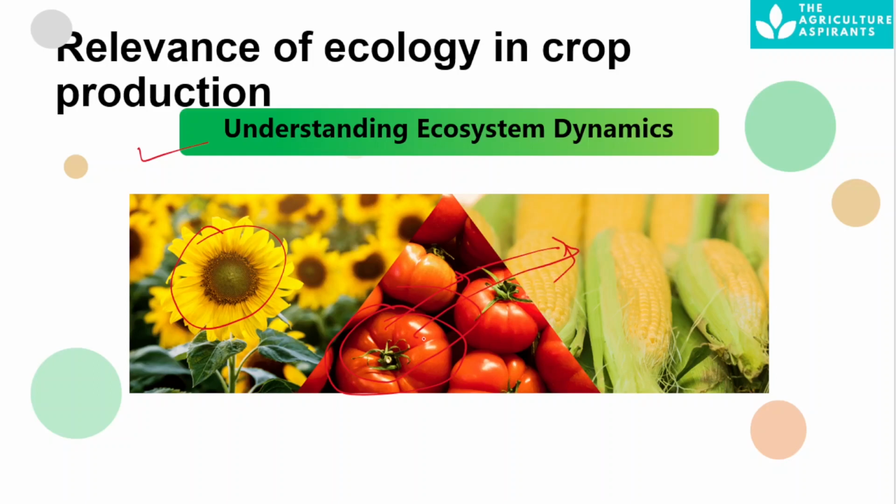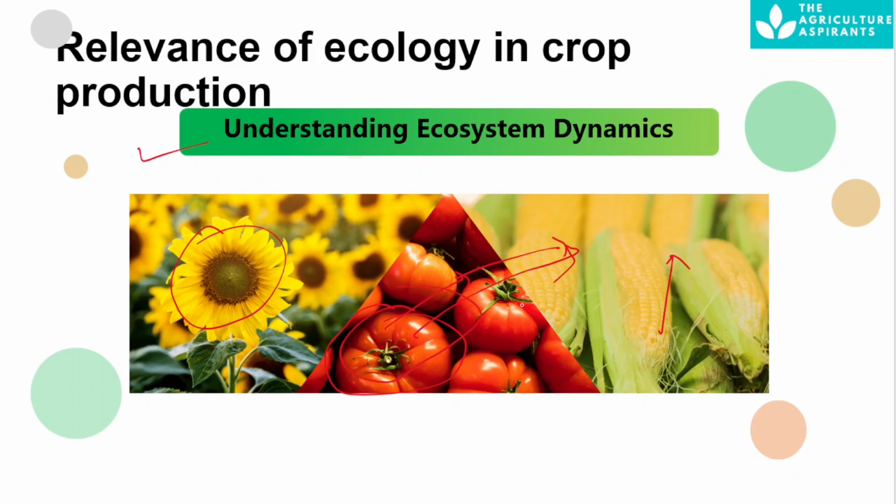Ecosystem and ecology are important to understand the dynamics. How? This year, due to erratic monsoon conditions, the production of tomato is very low, and due to low production, the price is skyrocketing.